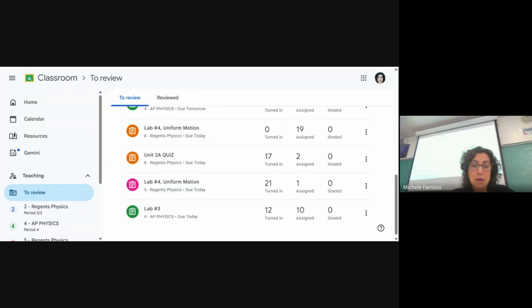So objects that move with a constant velocity appear as diagonal lines on a position versus time graph. So if we see a diagonal line on a position time graph, that's going to indicate that we have a constant slope and therefore a constant velocity.